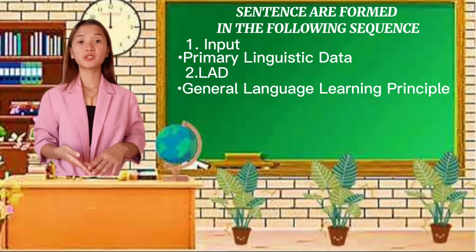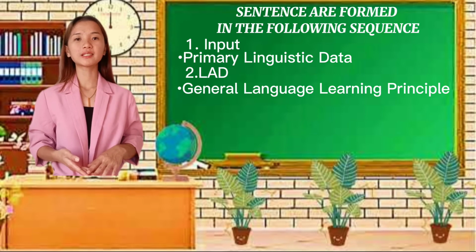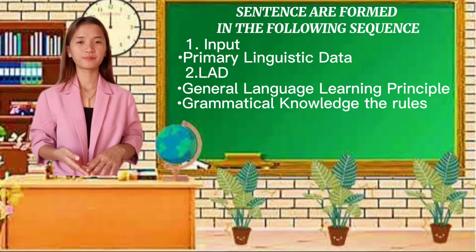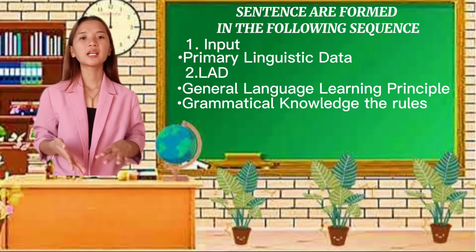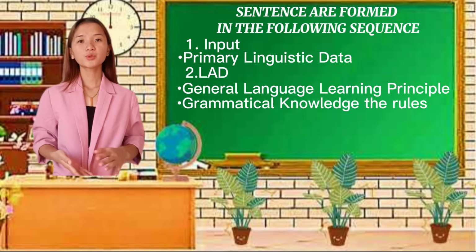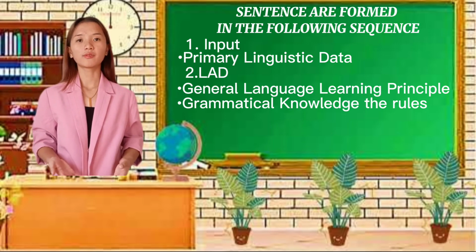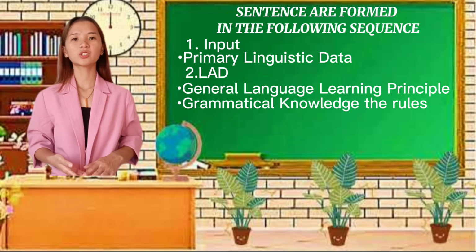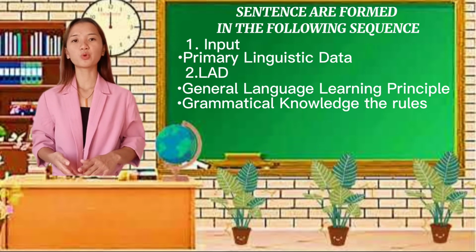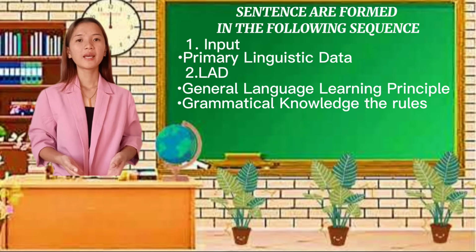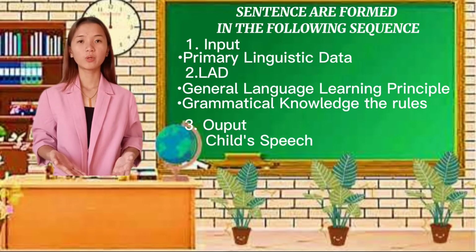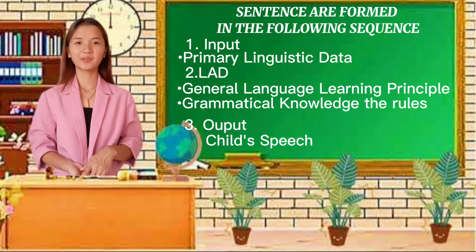Another example is children learn words for things and events that interest them. Grammatical knowledge: the rules that involve students' understanding of the role of grammatical features in the construction of meaning in the text they compose and comprehend. And the last is output, which is child speech.